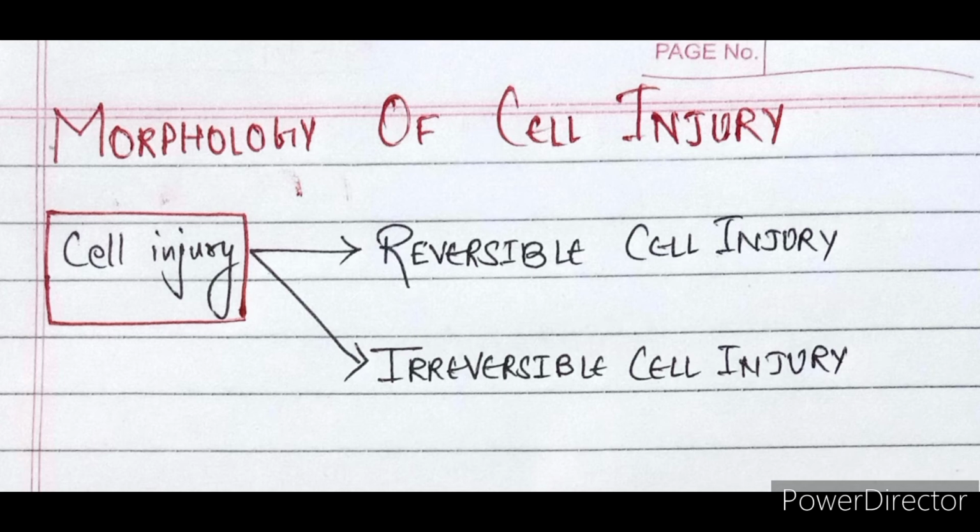And if the stimulus is removed, then it can get back to a normal cell. And when the cell injury is severe and progressive, it can lead to irreversible injury, which cannot go back to the normal functioning of the cell. And it is of two types, that is, necrosis and apoptosis, which are types of cell death.